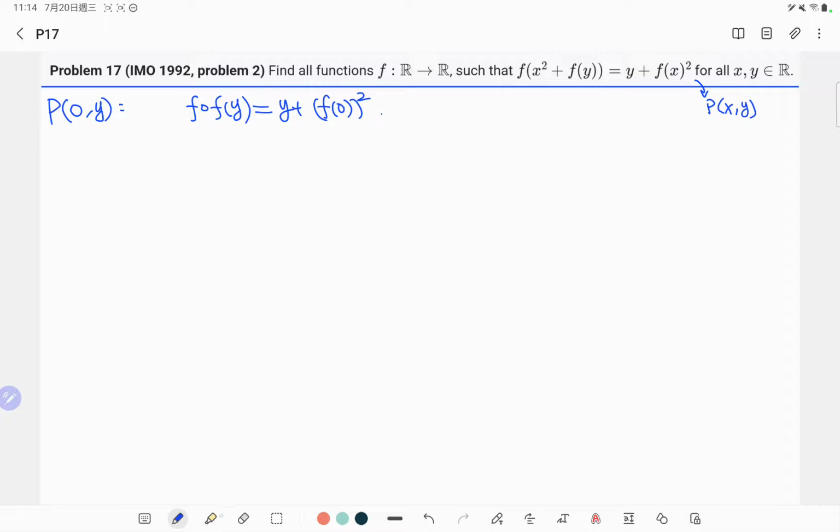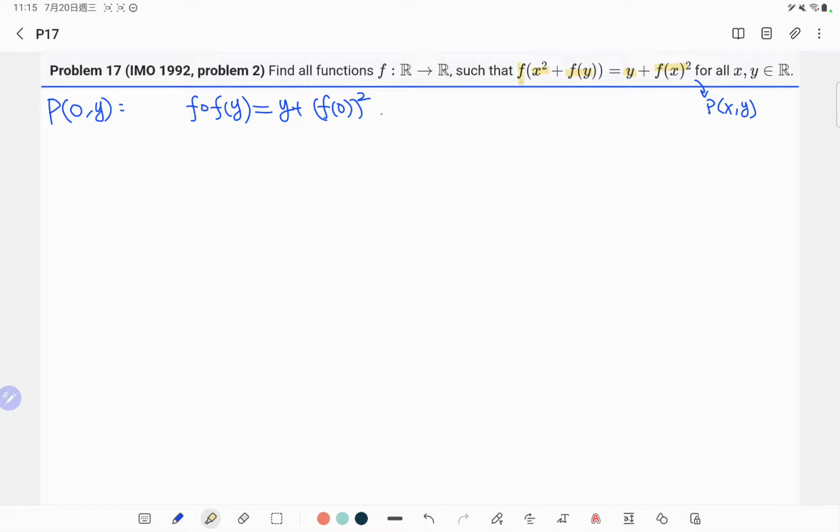Let's try to manipulate the original functional equation to see whether we can simplify further. We can see that there are similar structures on both sides. Namely, we have the quadratic term x² on the left side and (f(x))² on the right side. We also have a first-order term on both sides, f(y) on the left side, y on the right side.